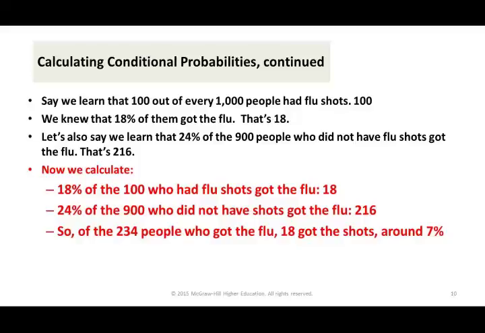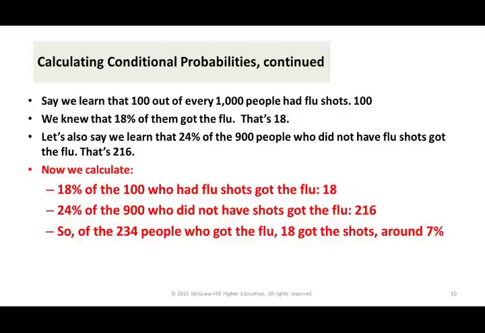Okay. Now, let's also say that we learned that 24% of those 900 people who did not have flu shots, keep in mind, right? We have to know the number of people who did not have flu shots, and if out of 1,000, 100 had flu shots, then 900 didn't.